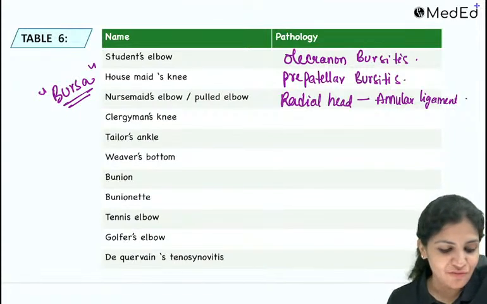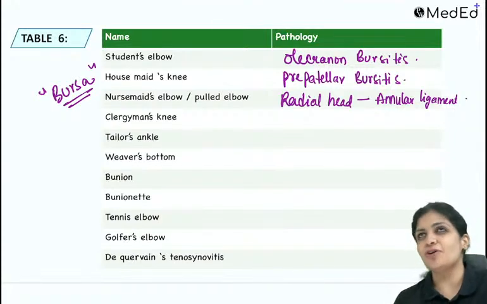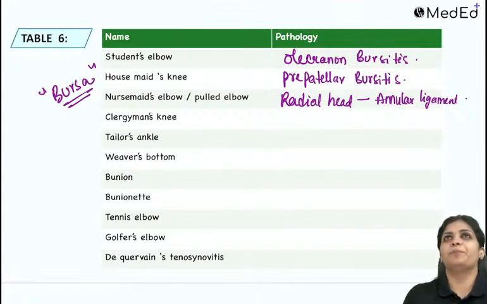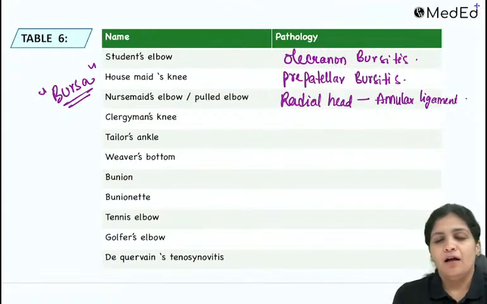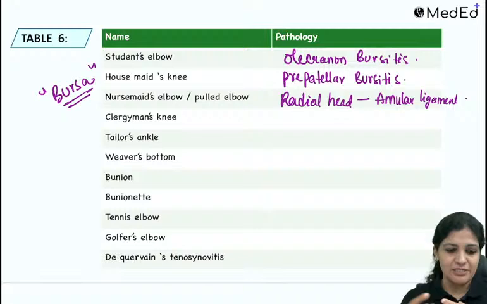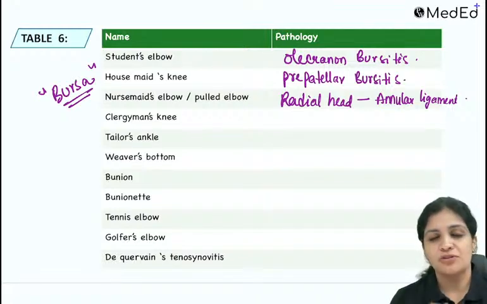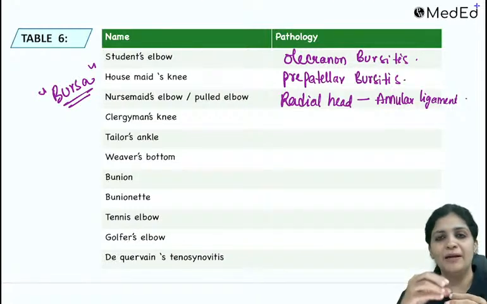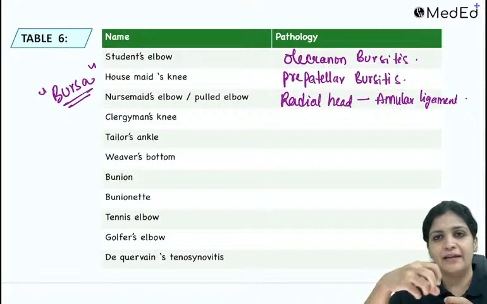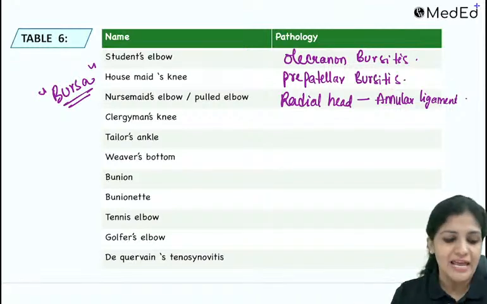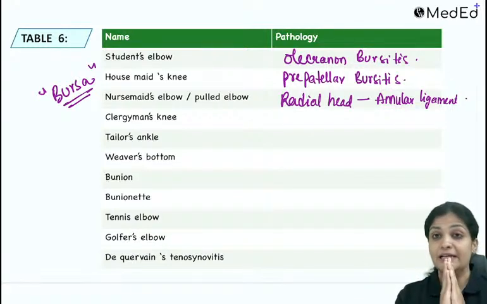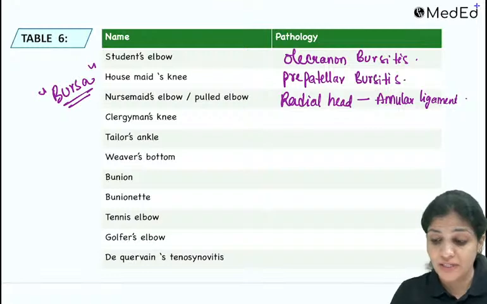Yes, head of radius dislocation. This is not exactly dislocation, because dislocation is something which is related to the joint, right? This is just the ligament which is surrounding the radial head, and the radial head comes out of it. This is particularly given as a clinical case where usually you see this.